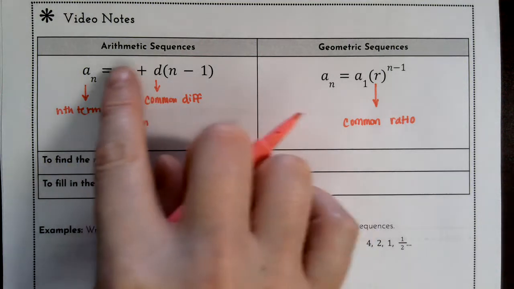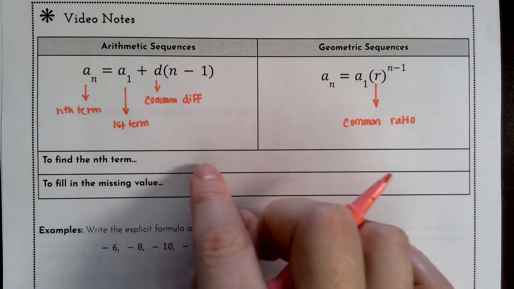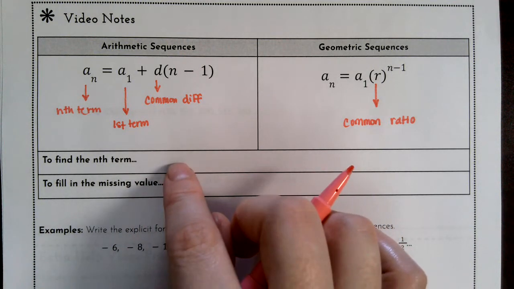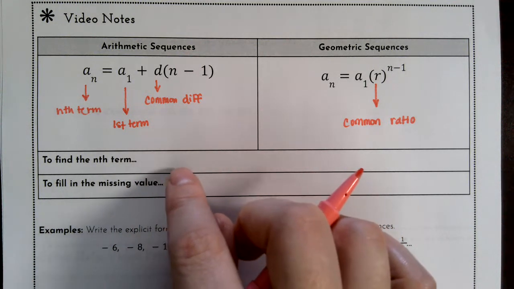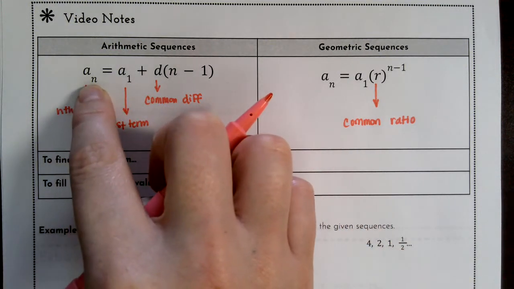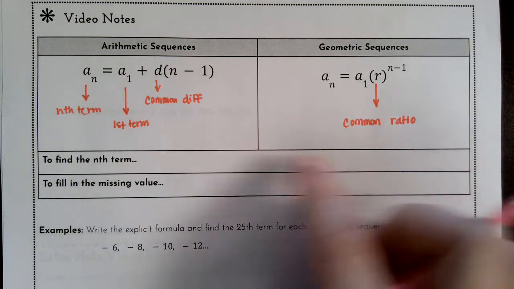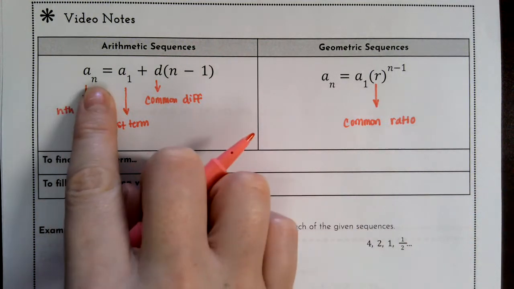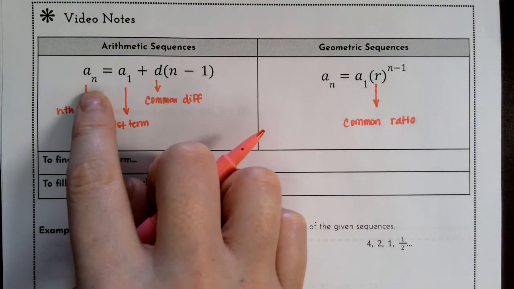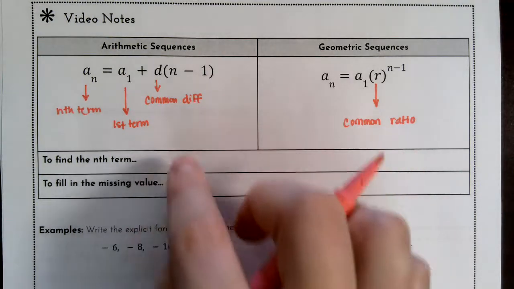These formulas can be really useful to find terms that are not right away. In our examples from earlier, we found the next 3 terms. Well, the problem comes if I want to find the 3000th term. I don't want to find all the terms leading up to that, or spend all that time getting up to the 3000th term. What I want is to be able to find it, knowing that the sequence repeats.